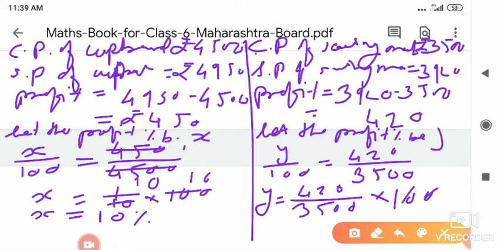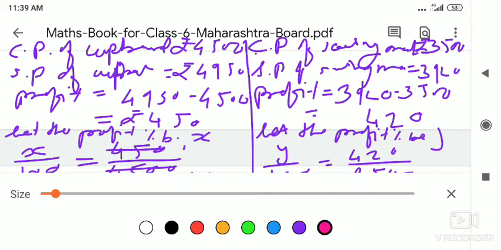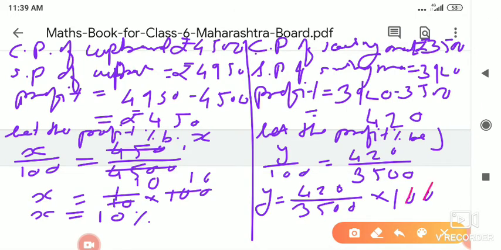So the zeros get cancelled. I will show with a different color here. So 7 fives are 35, 7 sixes are 42, and here it is 0.